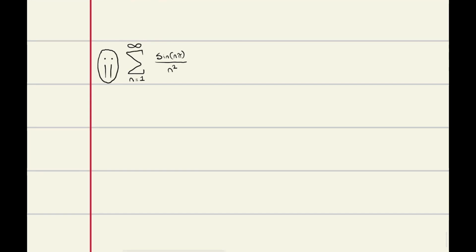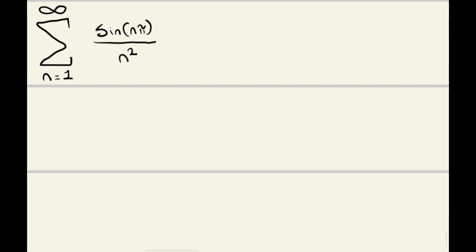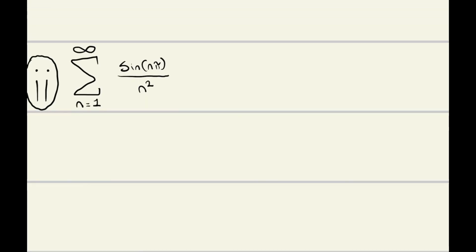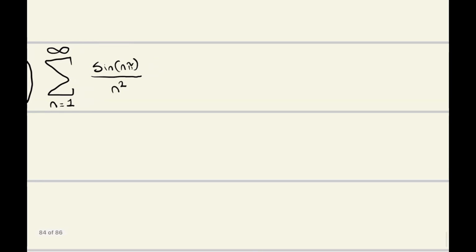Next is sine of n pi over n squared. And we can actually see from seeing what values are spat out from the series, we can tell if this converges or not.